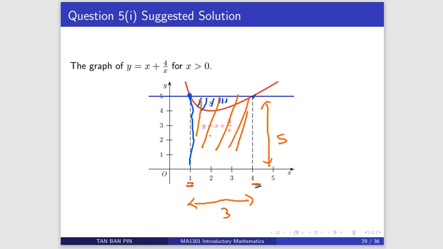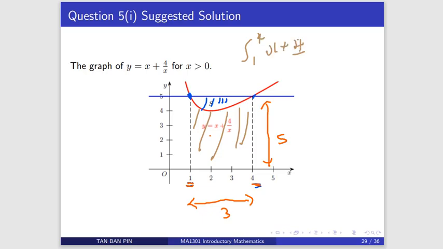So we take the area of the rectangle, then minus the area under the curve. The area under the curve is this part, which is the integral from 1 to 4 of x plus 4 over x dx. The area of the rectangle minus the area under the curve from 1 to 4 gives you the area of S.